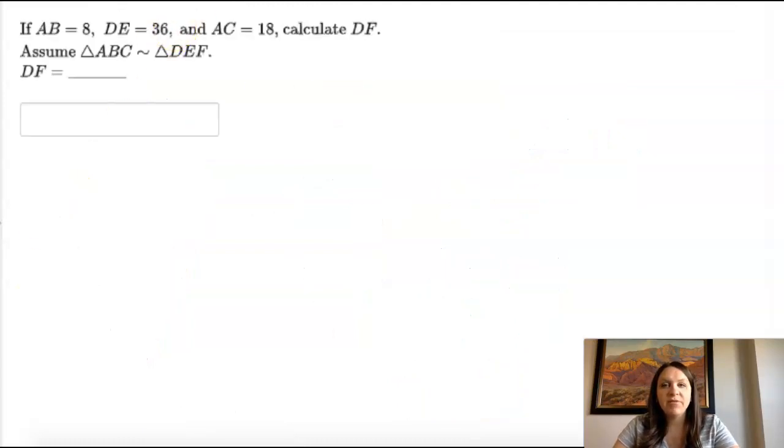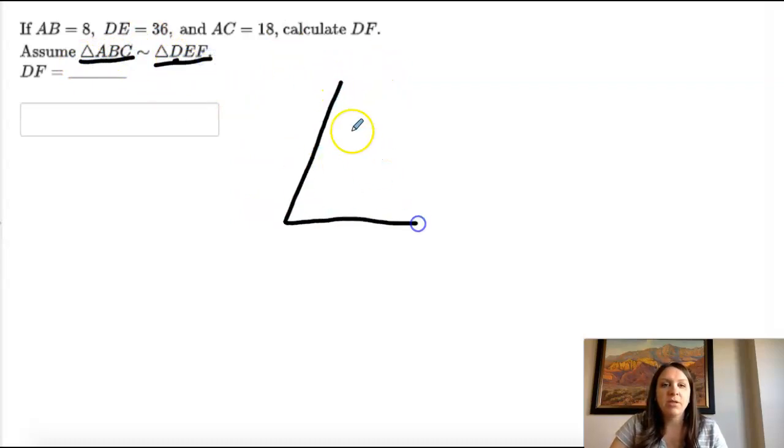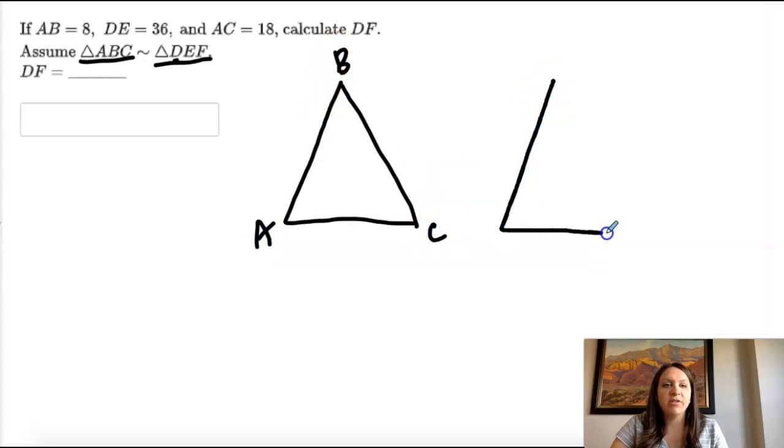So you will have some fill in the blank. Go through these pretty quick. We have some numbers here, but I don't have a picture to label, so I'm going to draw this picture. So I have a triangle that I'm going to label A, B, C, and it's similar to a different triangle, so maybe just a little smaller.